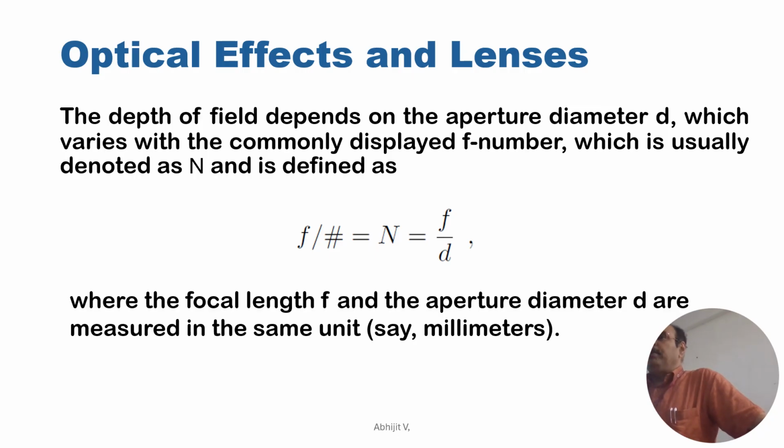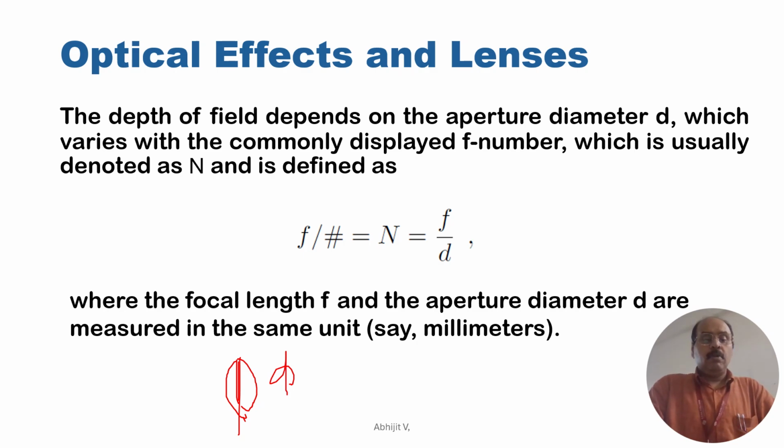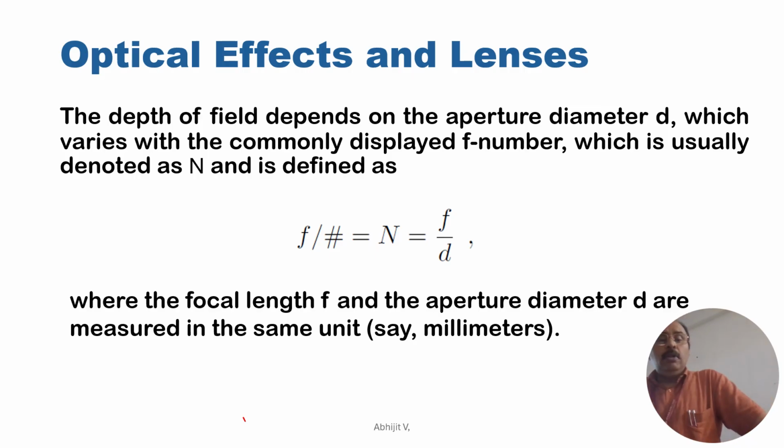When I was showing you the thin lens, I showed you the quantity d, that is the aperture. So it is f by d, where f is the focal length and d is the aperture diameter.